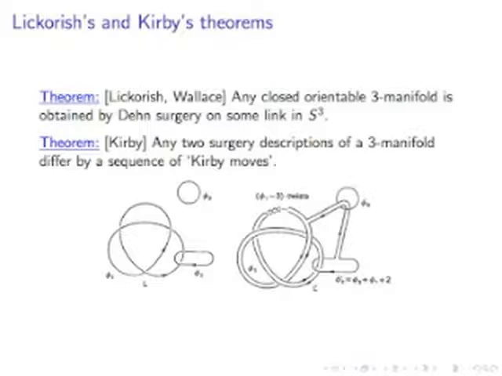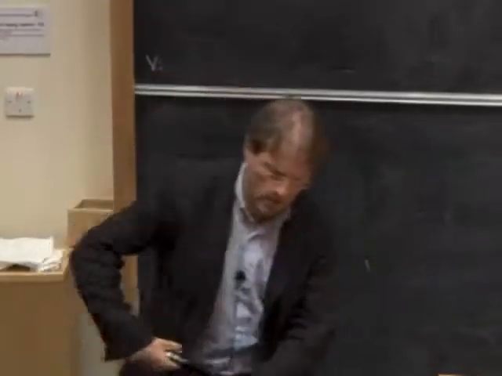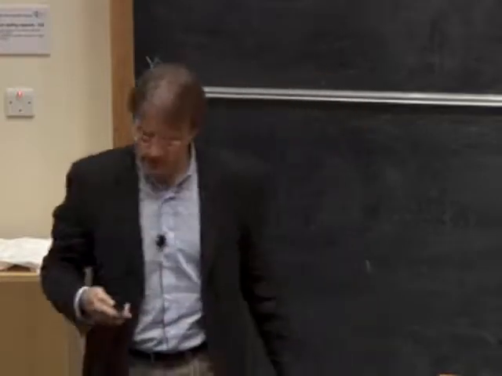On the left here is a diagram of a link with three components, and on the right there's a diagram of a different link, but they specify the same manifold when you perform certain surgery along them, and they differ by just one of these Kirby moves, the key Kirby move, which involves sliding one component of the link over another.